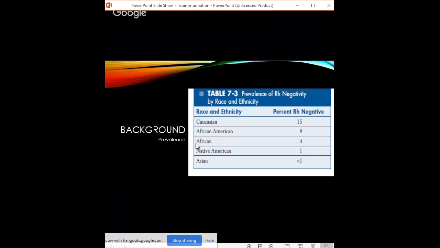epidemiology that was taken from the Blueprint series textbook of obstetrics and gynecology. This shows the prevalence of Rhesus negativity by race and ethnicity. As you can see, Caucasians have the highest percentage of Rhesus negative persons, which is 15%, and this also corroborates the NICE guidelines, who gave the percentage in the UK as 16% of the Caucasian population.